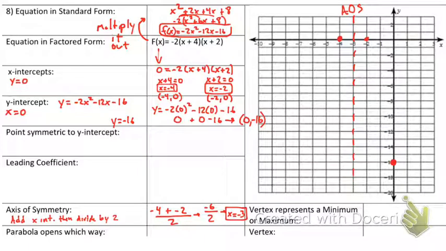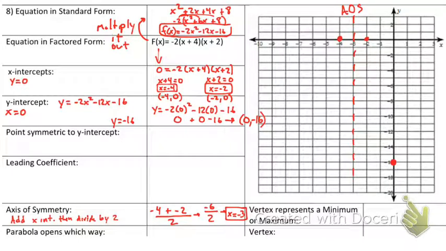Okay, now that we have the axis of symmetry, we can now do a point symmetric to the y-intercept. So we're going to find the y-intercept, which is this guy, and we want to copy him across the axis of symmetry. So basically make a mirror image of here. So if you look, he is 1, 2, 3 spaces away from the axis of symmetry. So I'm going to go 3 spaces away from the axis of symmetry in this direction.